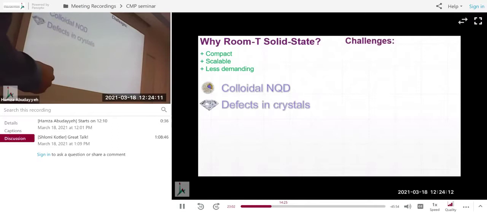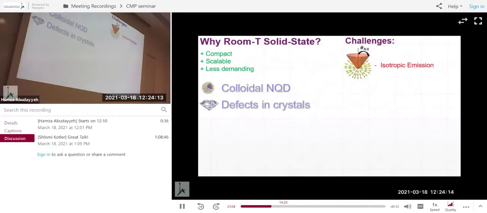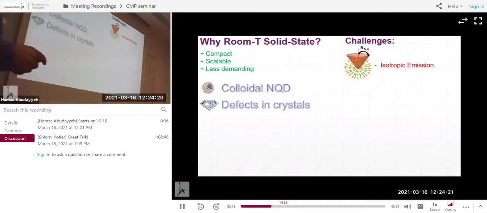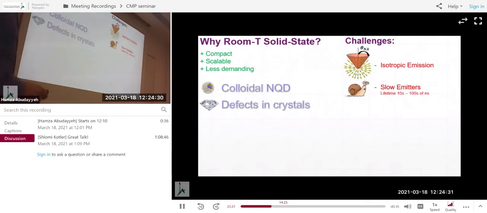But all of these face some challenges as well. And one challenge is this isotropic emission. These emitters tend to emit in all directions, and you can only collect a finite amount of their photons, given by the collection cone of your optics, so the numerical aperture of your optics. So this is one problem. The other problem is that they're typically quite slow, tens to hundreds of nanoseconds, which limits you to rates that are too low to be useful for applications.